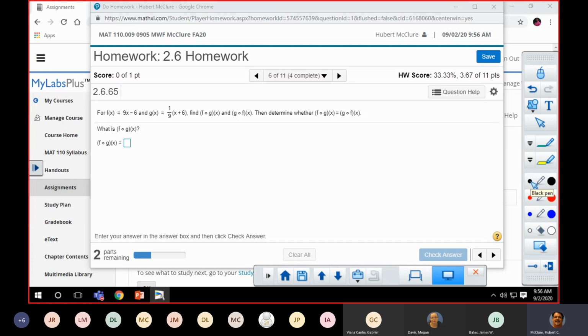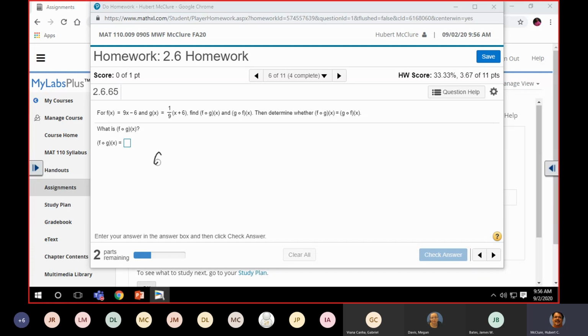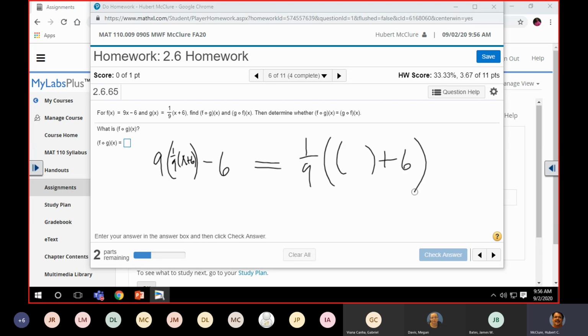So let's do f composed of g: 9 parentheses minus 6, and I'm going to plug in g, which is 1/9 x plus 6. And I'm going to compare that to g, 1/9 parentheses plus 6, and we're going to plug in f, which is 9x minus 6.